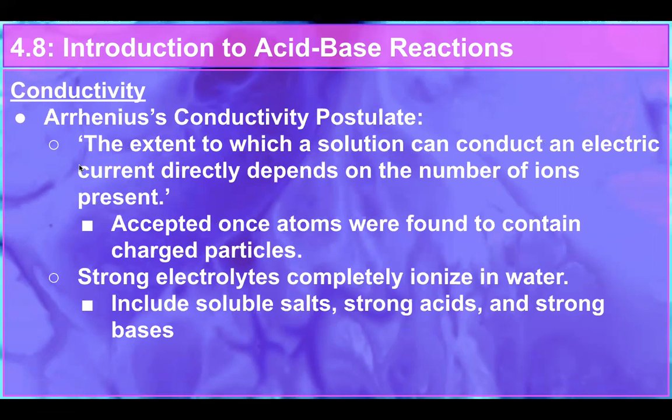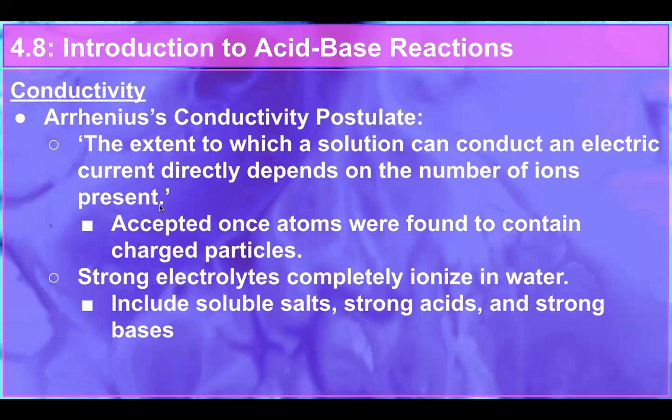Arrhenius was really the first person to come up with this idea of electrolytes in studying acids and bases. His postulate for conductivity says that the extent to which a solution can conduct an electric current directly depends on the number of ions present.